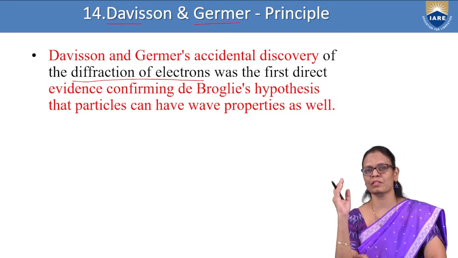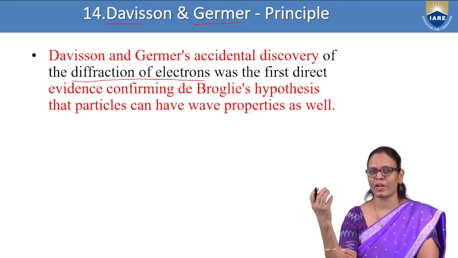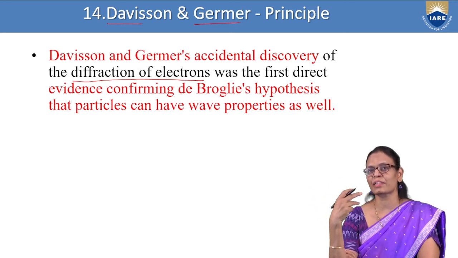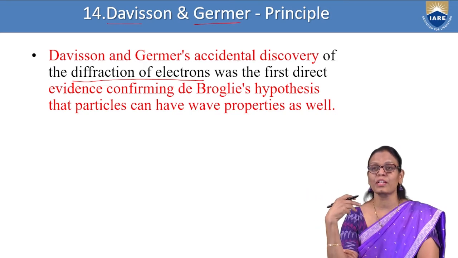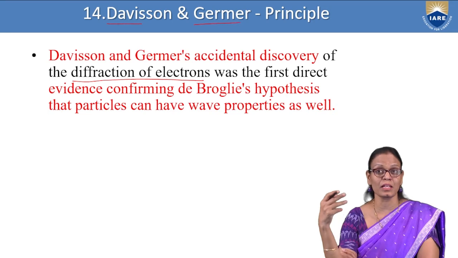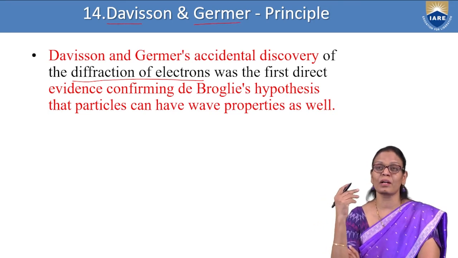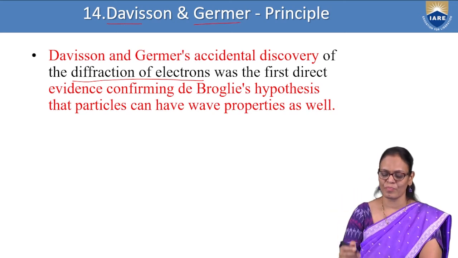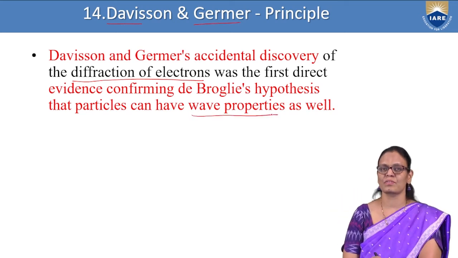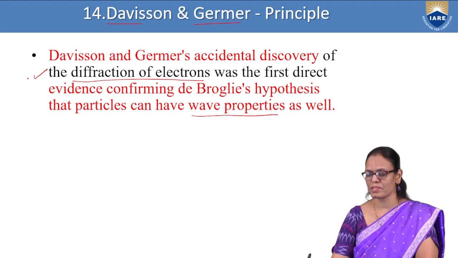When he did the experiment on a nickel crystal, the electrons bombarding it were getting diffracted at different angles. So he measured the angles and calculated the wavelengths, and thus arrived at a very important conclusion, a direct evidence for their wave nature. So it depends upon the diffraction of electrons.